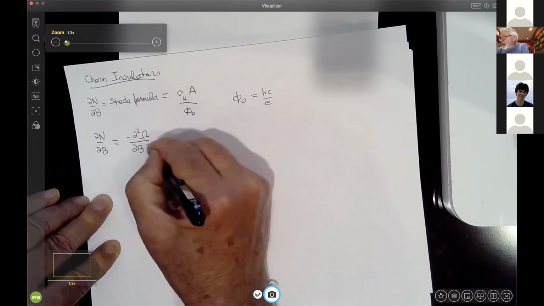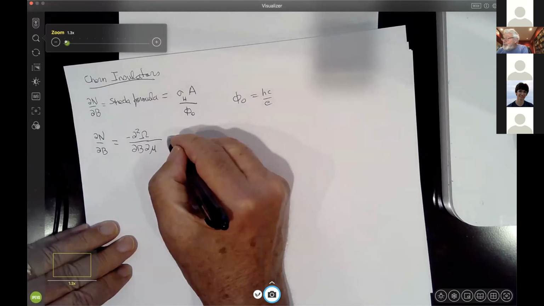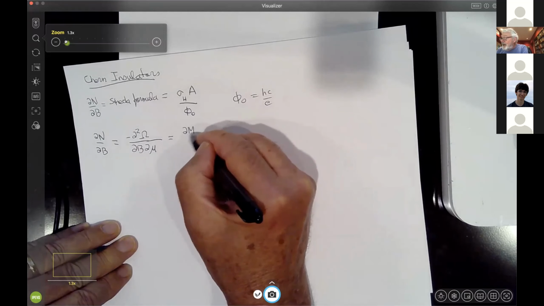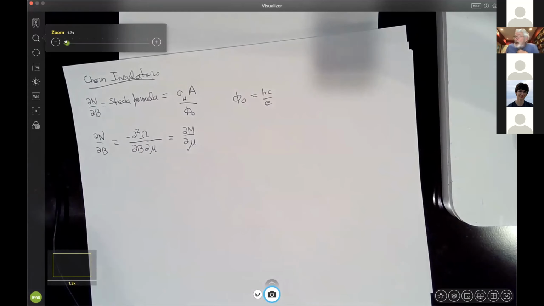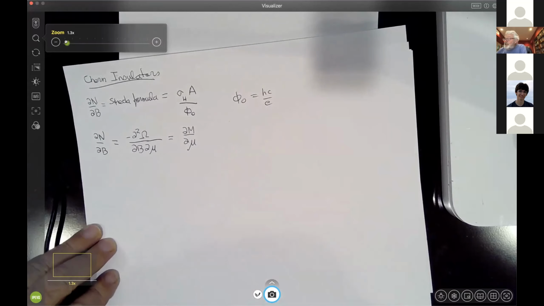N is a derivative of the thermodynamic potential with respect to chemical potential. And if I use a Maxwell relation and take the derivative the other way, you can see it's exactly the same as the derivative of the magnetization with respect to chemical potential.